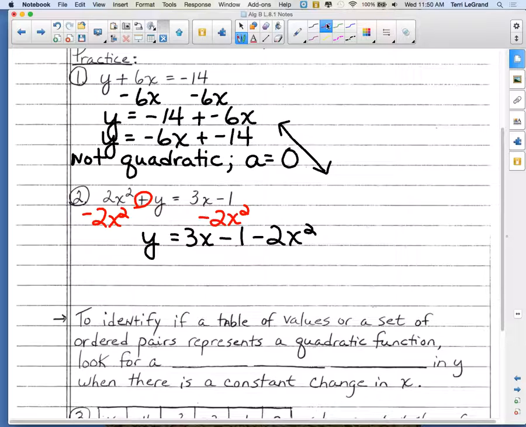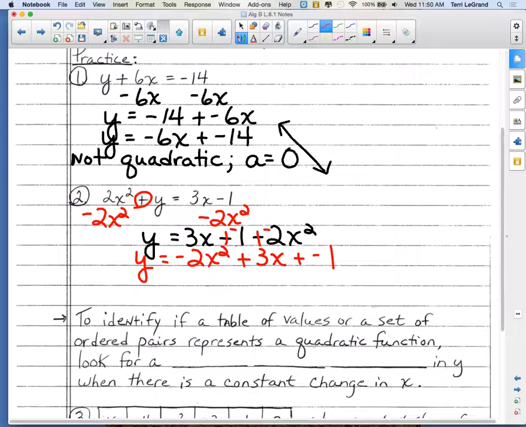I got to check to see if this is in standard form. Is it? No. So let's change it to add the opposite so that they can trade places. So y equals, what should come first? Negative 2x squared plus 3x plus negative 1.